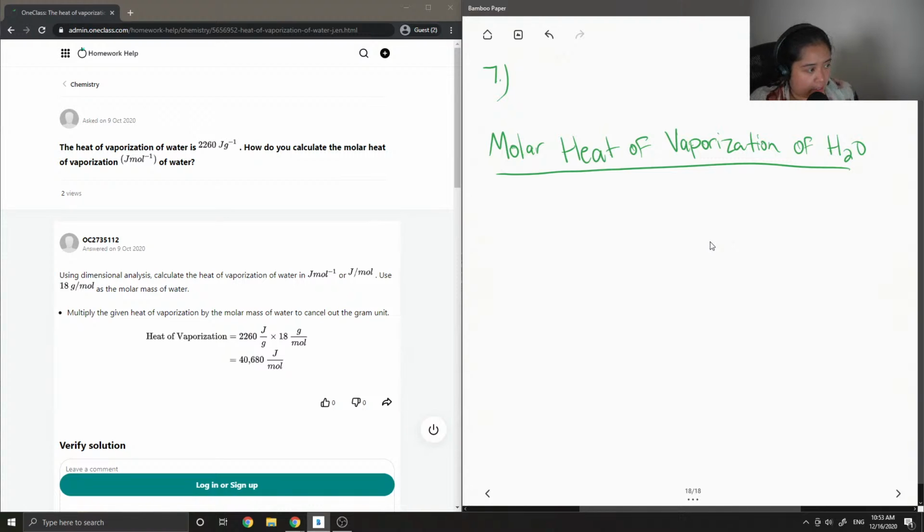So they give us the heat of vaporization. The difference between molar heat of vaporization and heat of vaporization is that the molar heat of vaporization depends on how many moles there are of the substance. So if there was only 1 mole of water, it would have the same value throughout.